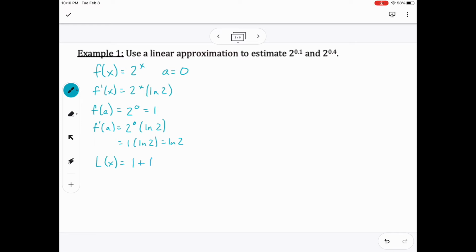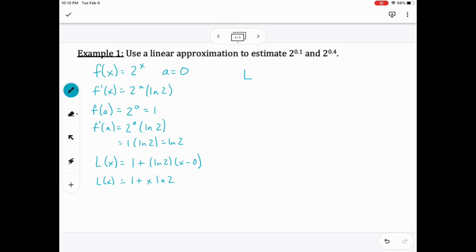Then I plug into my linear approximation equation: f of a plus f prime of a times x minus a. Since it's x minus 0, it's really just x, and I can move that to the front.